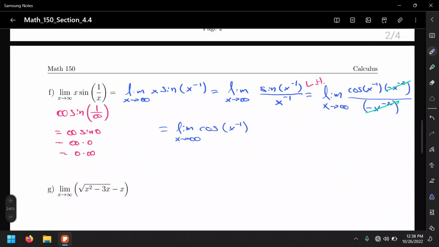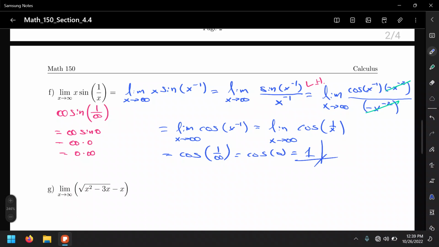Now we have an expression that is a lot simpler than what we had before. This is the limit of cosine of 1 over x as x approaches infinity. And cosine of 1 over infinity, that's cosine of 0. And what's that equal to? 1.